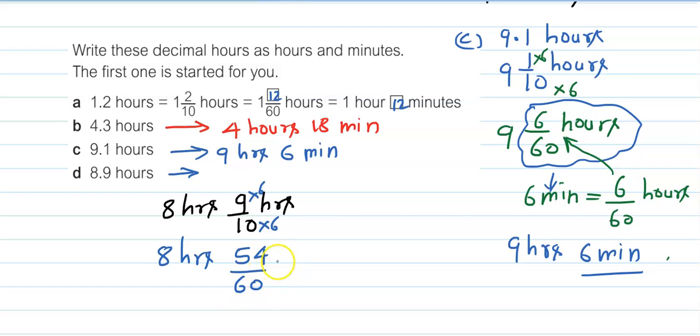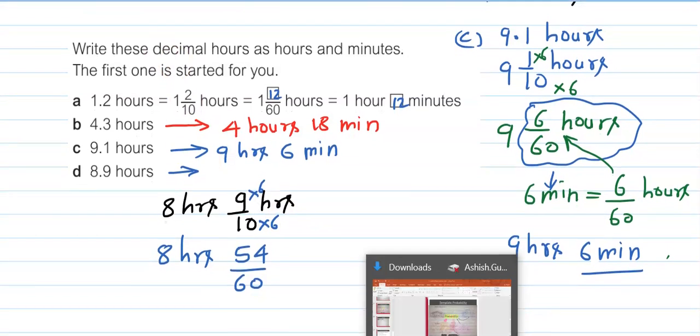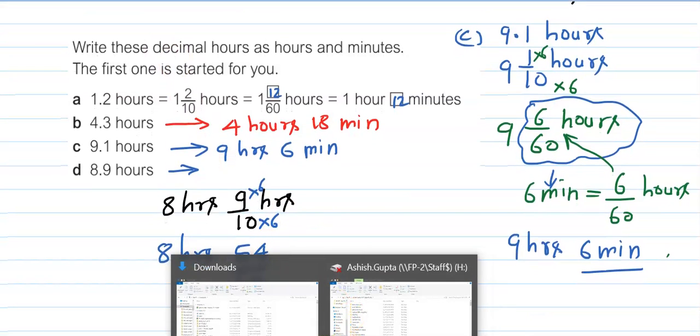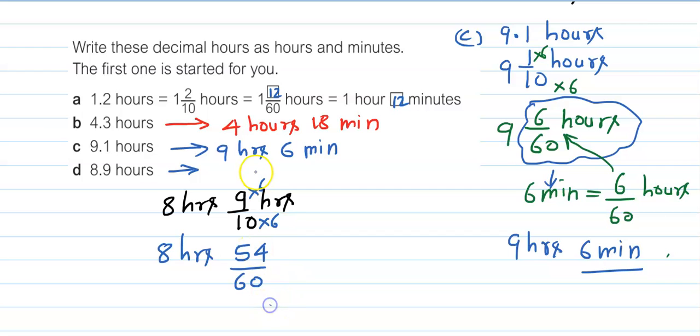So 54 divided by 60 is hours, right? So 54 over 60 means 54 minutes, which is 54 divided by 60 hours.